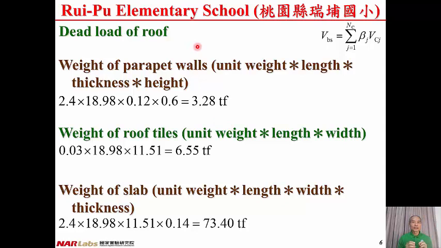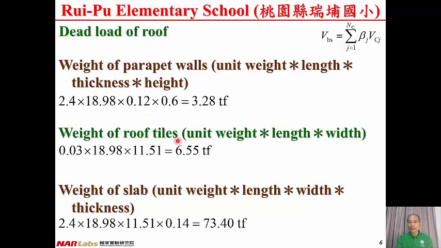In order to find out the design actual force of a column, we have to know about the dead load of the structure, including the dead load of the roof and the dead load of the second floor. The dead load of the roof includes the weight of parapet walls: unit weight 2.4 ton force per cubic meter, length 18.98 meter, thickness 12 centimeters, and height 60 centimeters, which makes 3.28 ton force.